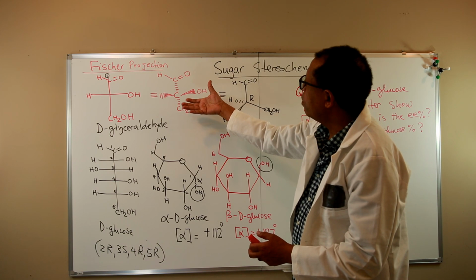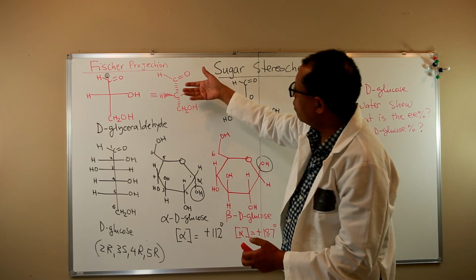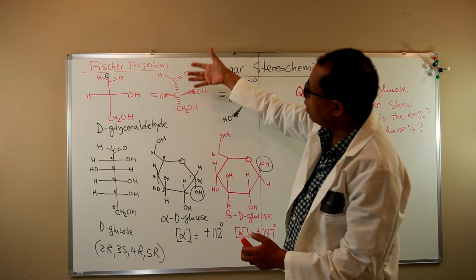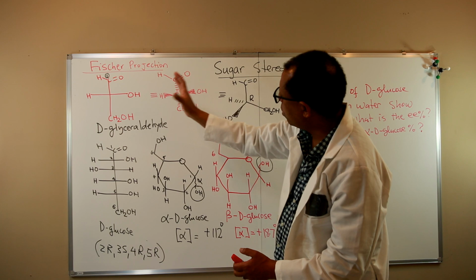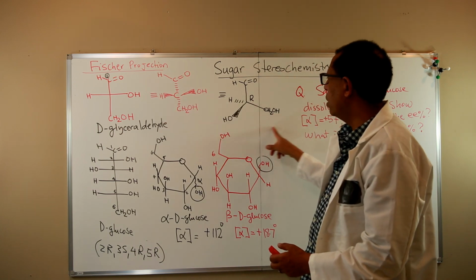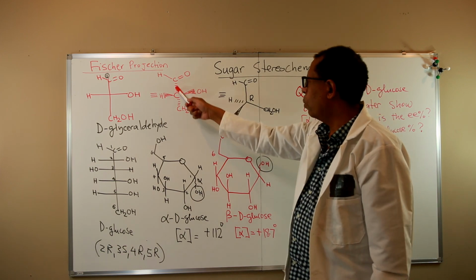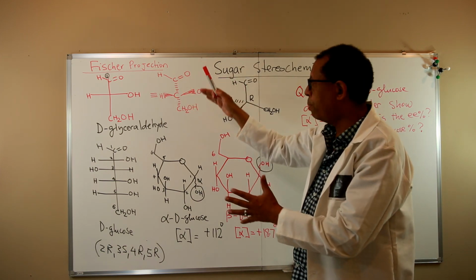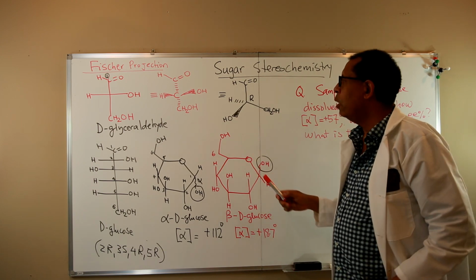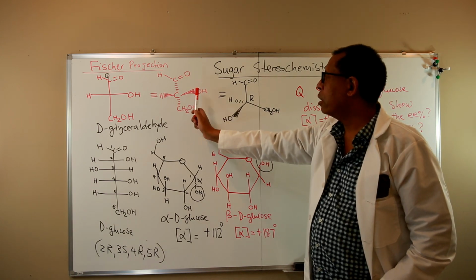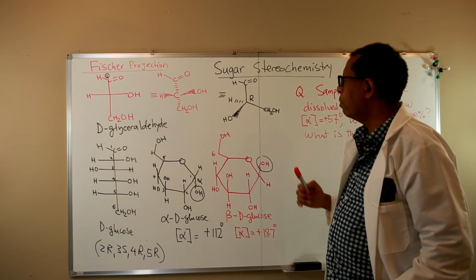If you bring this back and rotate it to the left, you would end up with this structure. The ones which were back would be on the plane of the board, while the H, OH, and H would be in and out of the plane of the board.